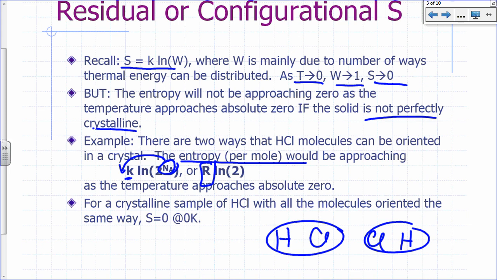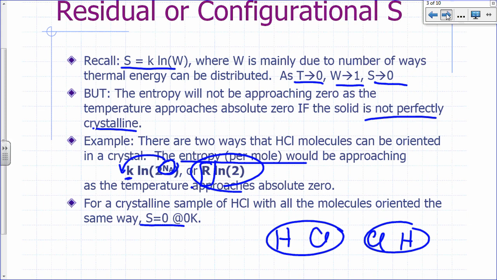Now, if you can get your HCl molecules to all settle one specific way, you'll have a perfect crystalline sample of HCl, then its entropy is going to approach 0 at 0 Kelvin. So this R ln 2 is what you would call the residual or the configurational entropy of HCl.